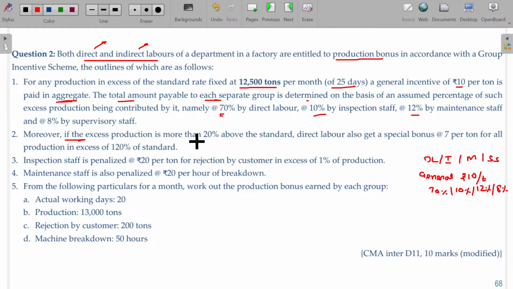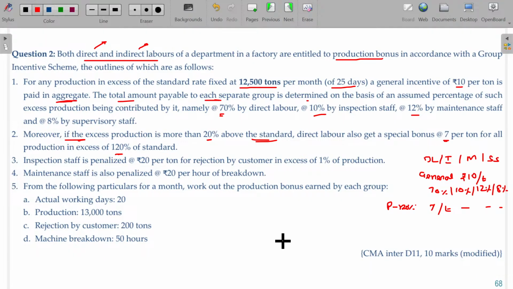Moreover, if the excess production is more than 20% above the standard, direct labor also get a special bonus of rupees 7 per ton for all production in excess of 120% of the standard. Apart from that, 7 rupees will be payable only for the direct laborer, not for the other categories of employees, when the production exceeds 120%, that is, production minus 120% of the standard.